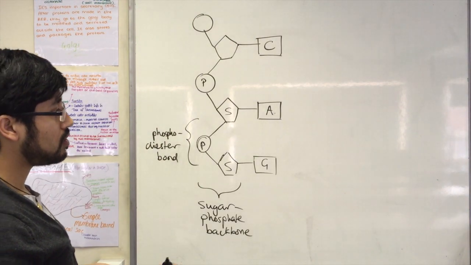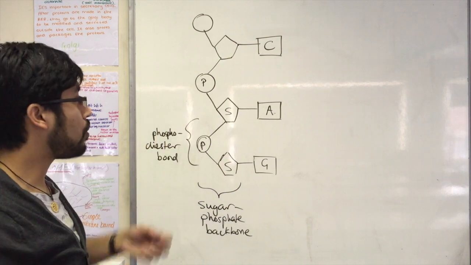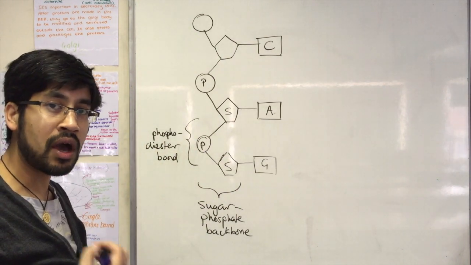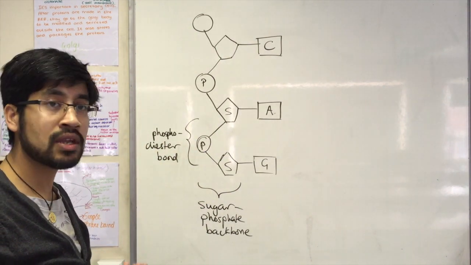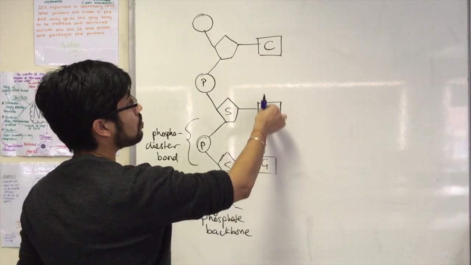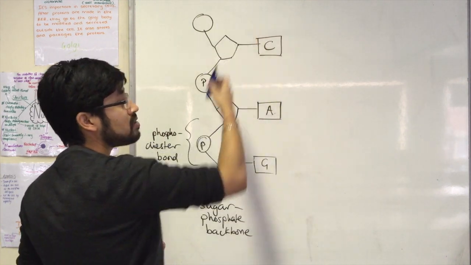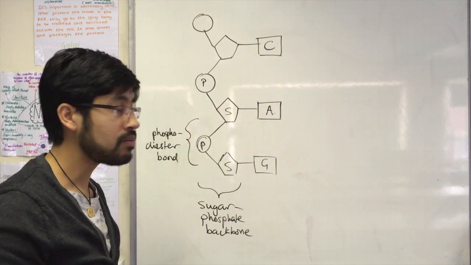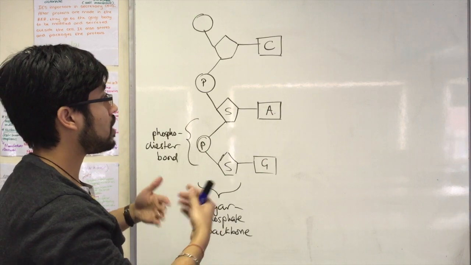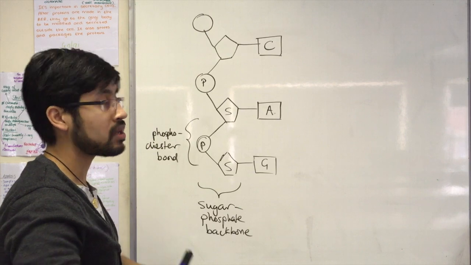But what does give each polynucleotide its unique identity, and the reason why it can act as information storage, is that you then develop a very unique sequence of these nitrogenous bases. Okay, and depending on that sequence, it can be a way to store information.